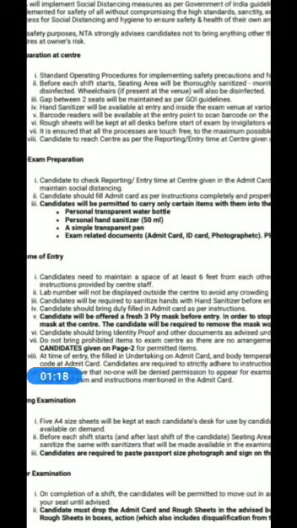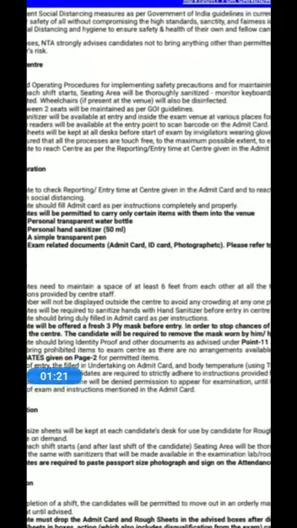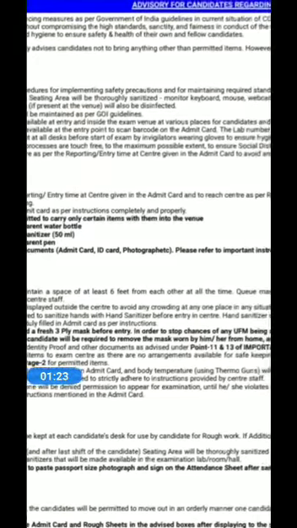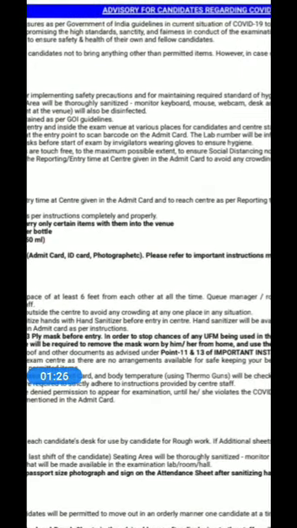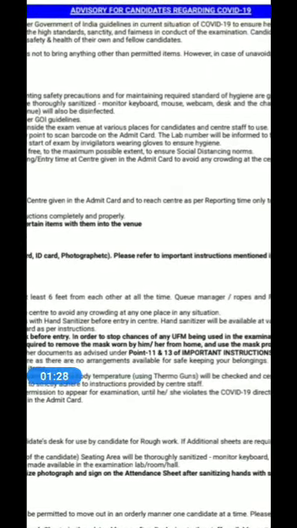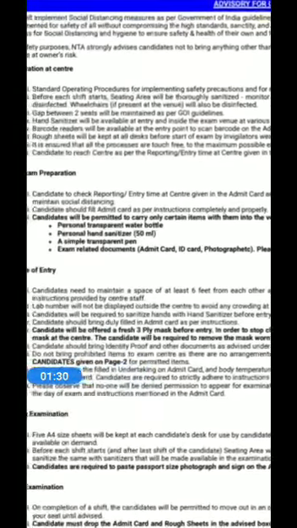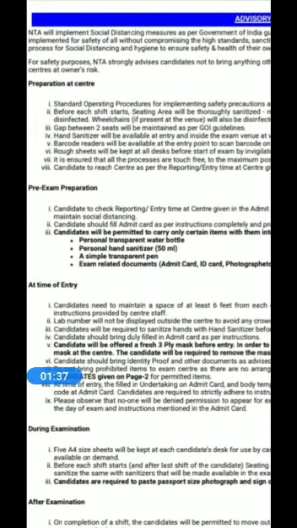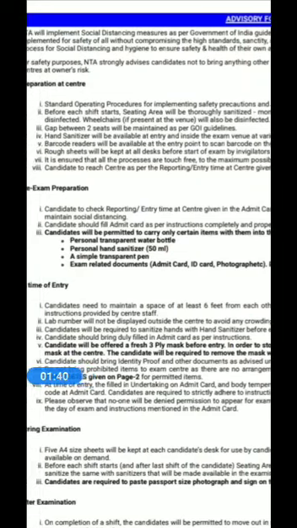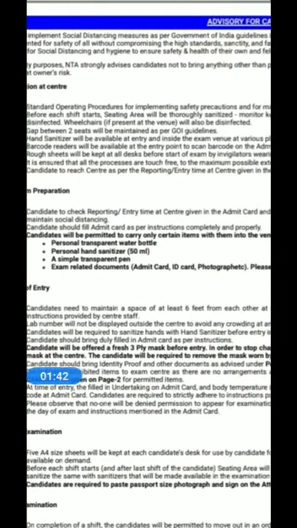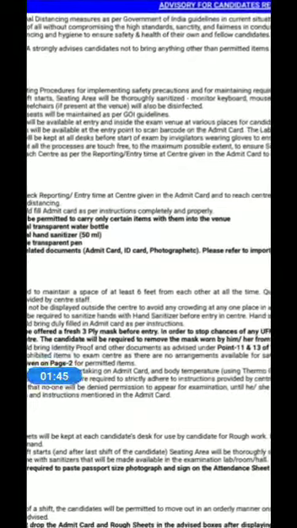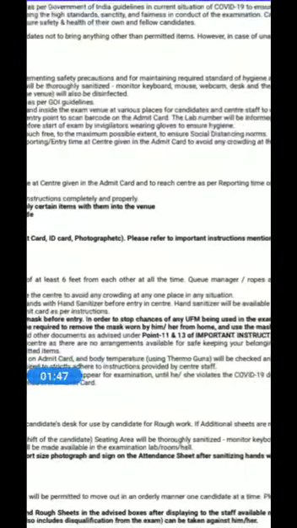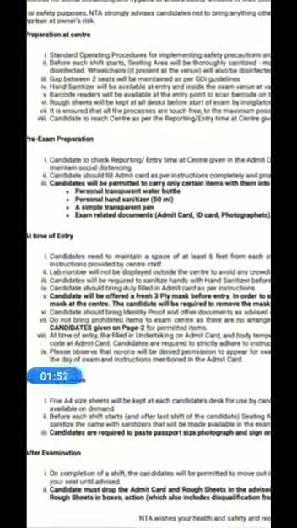5 A4 size sheets will be kept at each candidate's desk for use by the candidate for rough work. So you'll get 5 A4 size sheets for the rough work. What's there in bold letters? Candidates are required to paste a passport size photograph and sign on the attendance sheet after sanitizing hands with sanitizer.